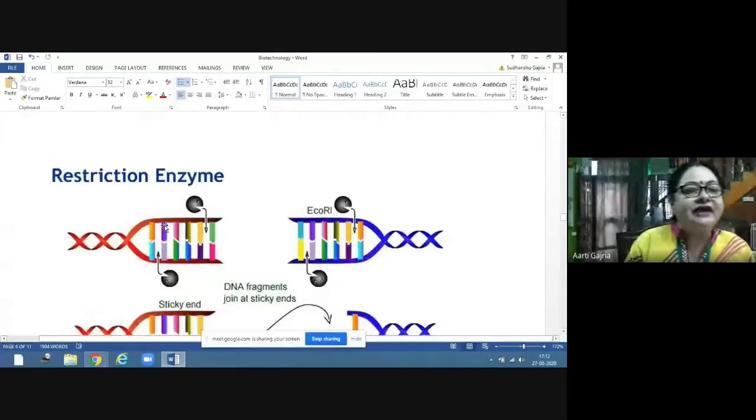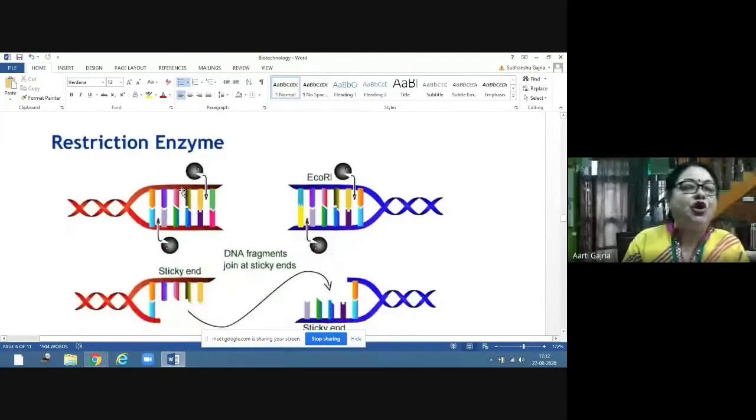Now this is again the restriction enzyme Eco R1. These are the DNA fragments being joined. One is vector DNA and one is foreign DNA which we want to incorporate. So when these are cut by the restriction enzyme, which should remain the same, Eco R1, Eco R1 will cut here, here, here and here, and it will form the sticky ends.